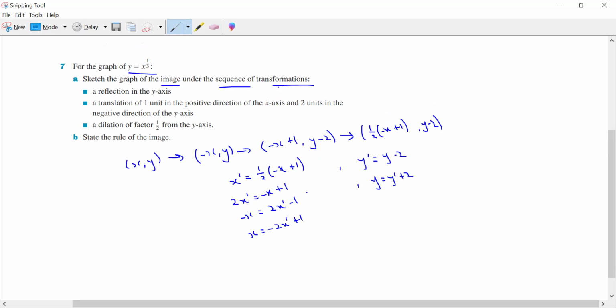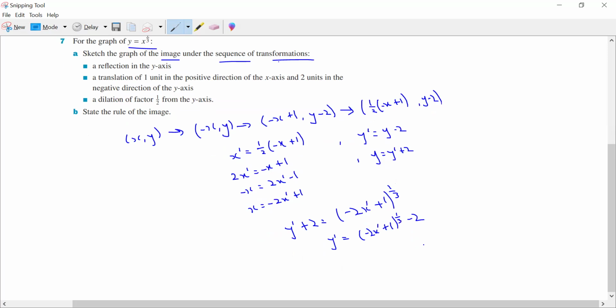So when we substitute in, we get y dash plus 2 equals, and instead of x, we've got negative 2x dash plus 1, to the power of 1/3. So our new image, or our new function, is y dash equals negative 2x dash plus 1, to the power of 1/3, minus 2. So that's our new function.